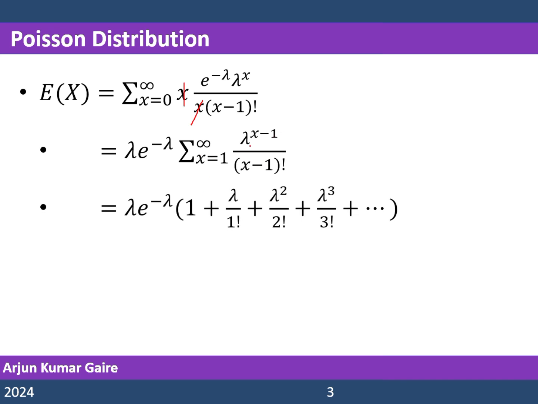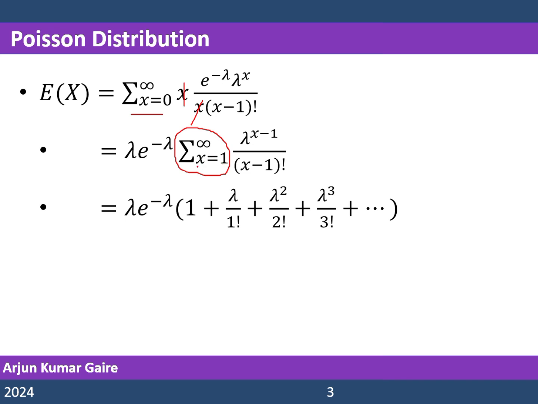This is lambda to the power 1 minus 1, lambda to the power 0, which is 1, plus lambda by 1 factorial, lambda square by 2 factorial, lambda cube by 3 factorial, and so on. The important point is that the summation here is x equal to 1 to infinity, while in the first step the summation is x equal to 0 to infinity. The reason is that the first term cancels out: when x is equal to 0, x minus 1 factorial becomes infinity, and if the denominator is infinity, then the first term becomes 0.